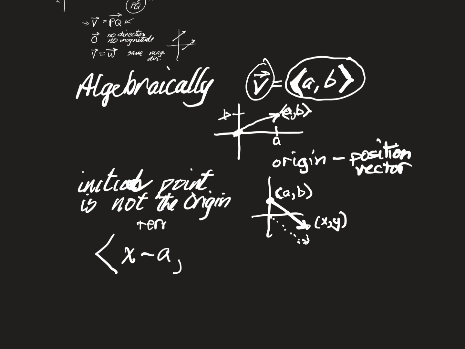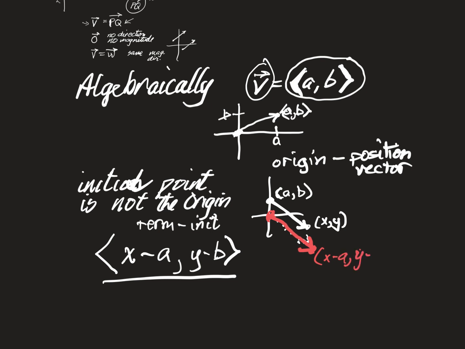So you always want to think terminal minus initial. And then y minus b. And if we do that, this vector right here is going to be our position vector, which has the same magnitude and direction. And its terminal point coordinates are going to be x minus a, y minus b.